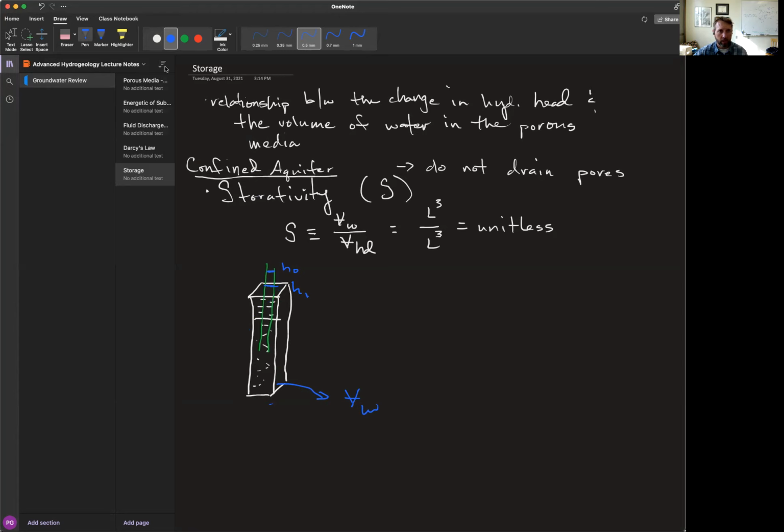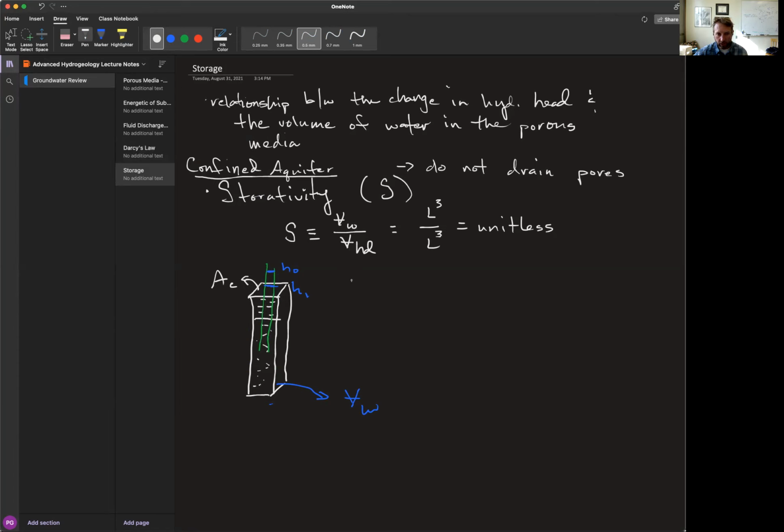All right, so if my head started off at H naught, it dropped to H1. And let's say that my column has some area here, A sub C, the flat area of the column. So what I mean by the volume of the head drop is the area of the aquifer material multiplied by the head drop.